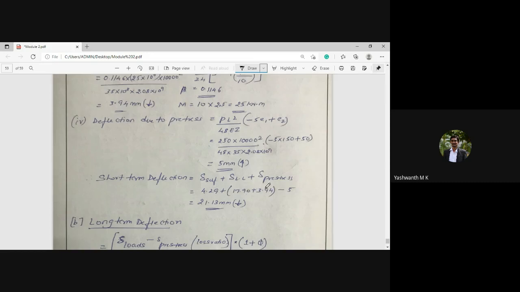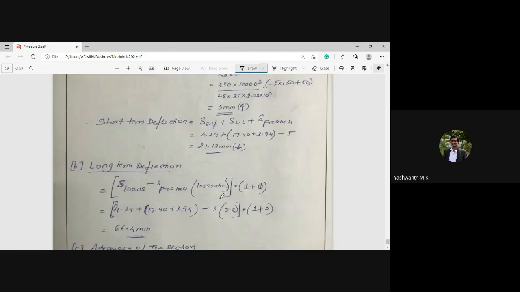So 17.90 plus 3.94 minus 5, because the upward deflection is minus 5. So the answer will be 21.13 millimeter, which is acting downwards. Let me check whether this is within the permissible limit or not at a later stage.